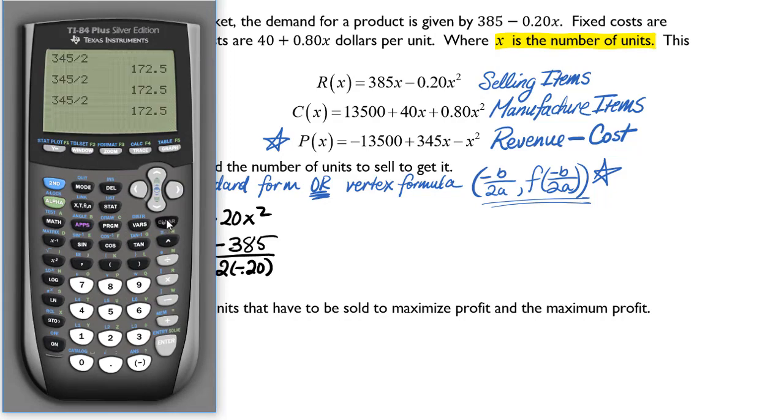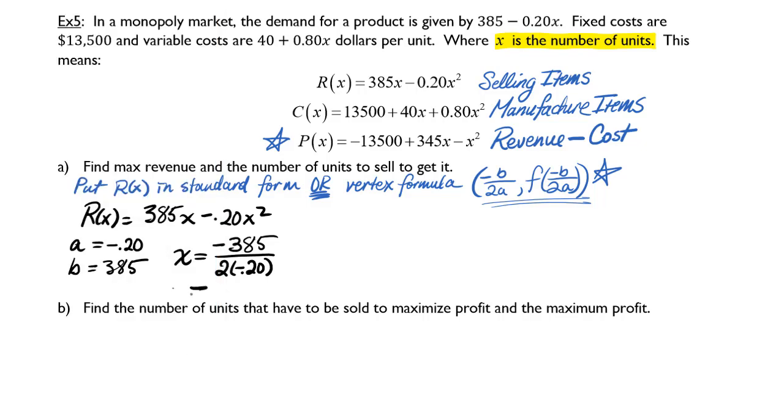If I wanted to find what that is, I can just put that in the calculator. Negative 385 divided by the quantity. Don't forget to put parentheses around your whole denominator. So my x coordinate, the number of units to maximize revenue, is 962.5.